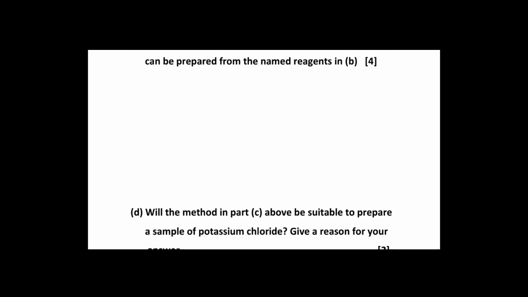The first step, since copper 2 oxide is insoluble in water, it will be very difficult for copper 2 oxide to react easily with dilute sulfuric acid. Therefore, the first step you are going to do, you are going to warm sulfuric acid in the beaker.